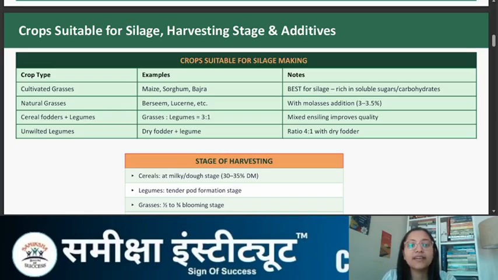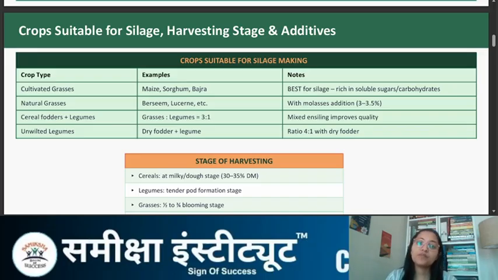Legumes do not have higher content of carbohydrates, as we've already discussed during the initial classes, how legumes contain higher amounts of calcium, crude protein, vitamins, minerals, etc. Very nutritious, but they do not have the higher quantities of carbohydrates that need to be hydrolyzed and then fermented. But that is higher in the case of grasses.